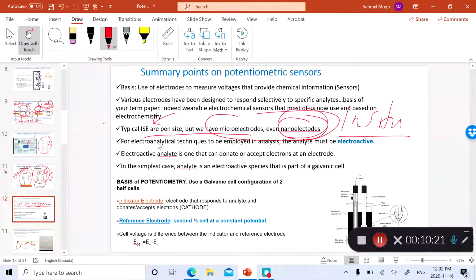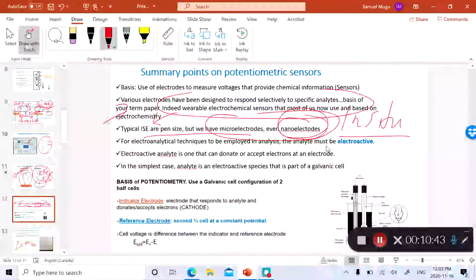Also, you can do wearable devices. One huge application of potentiometry is the fact that you can make it into wearable sensors, which is the basis of your term papers anyway. So take note of this: for potentiometry, particularly the classical potentiometry, you want the analyte to be electroactive.